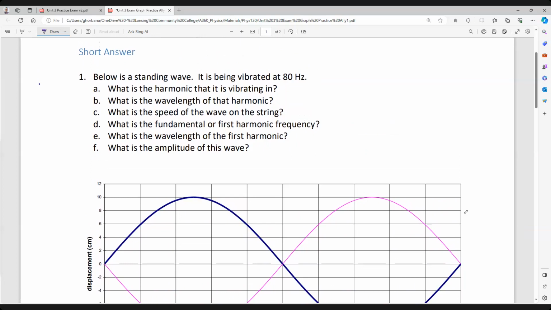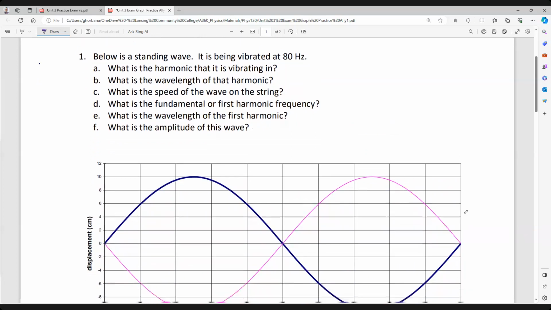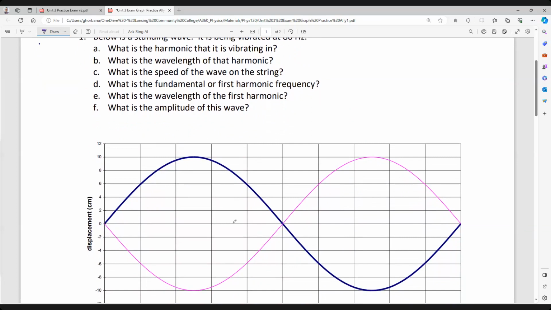Below is a standing wave. We already know what a standing wave is. A standing wave is created by the intersection of the incident and reflected wave, which gives us constructive interference and destructive interference.